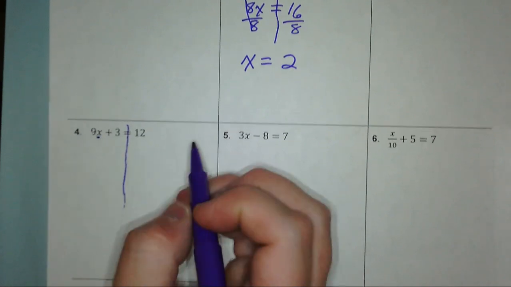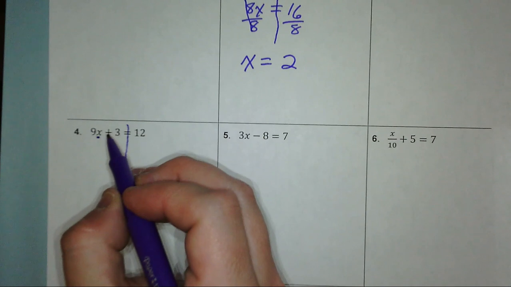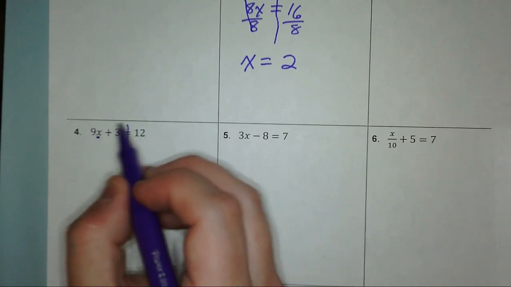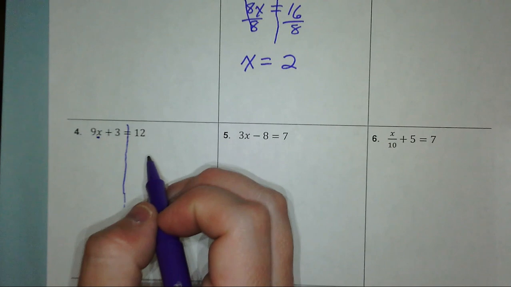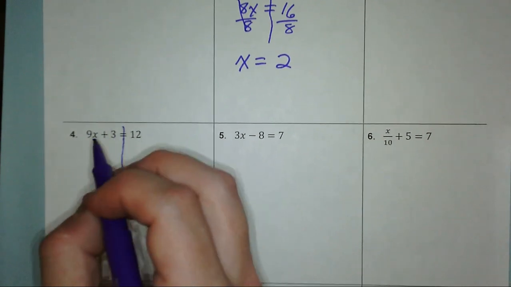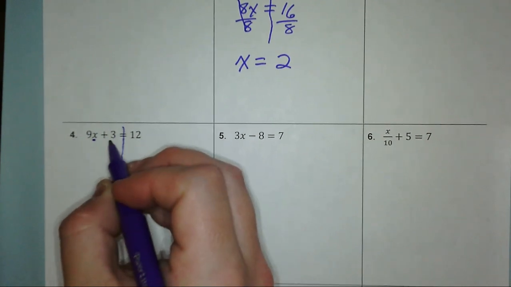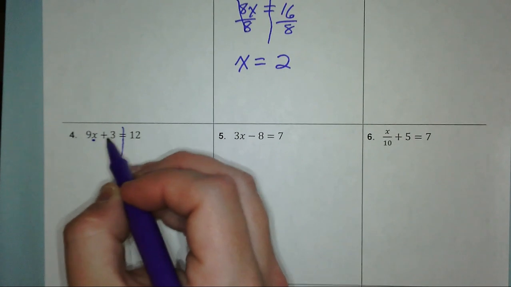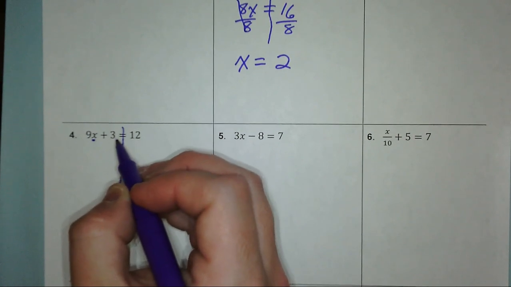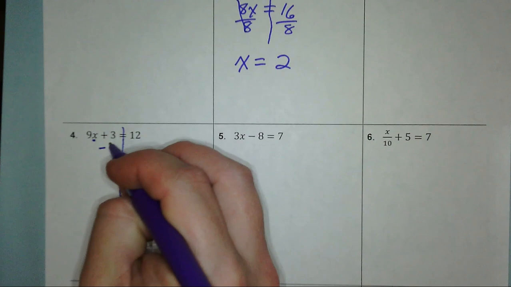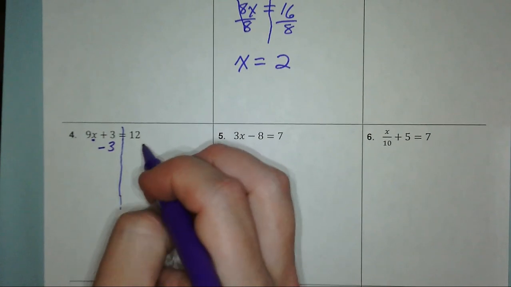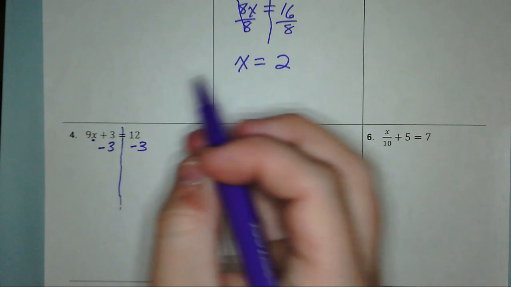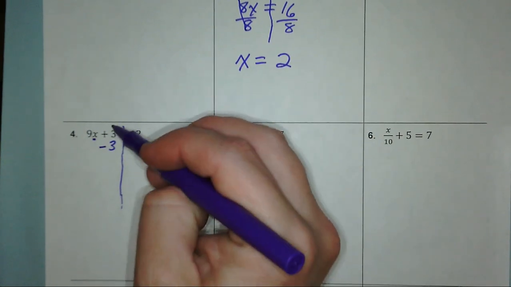x is what we want to get by itself. We want x to be the only thing on that left side. See all this other stuff on the left side? We have to undo that. The first thing we would undo is this plus 3, so the order matters. I've got to cancel out this plus 3, get rid of it, undo it. The opposite of adding 3 is subtracting 3, but whatever you do to the left side, to keep it balanced, you also have to do to the other side. So that's gone.